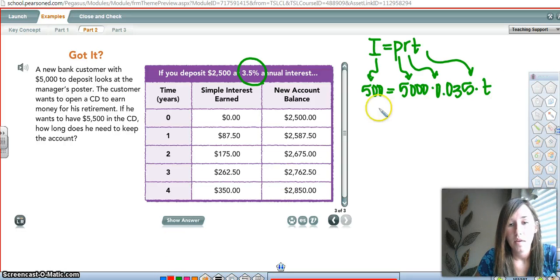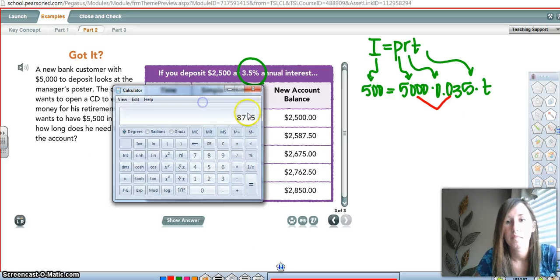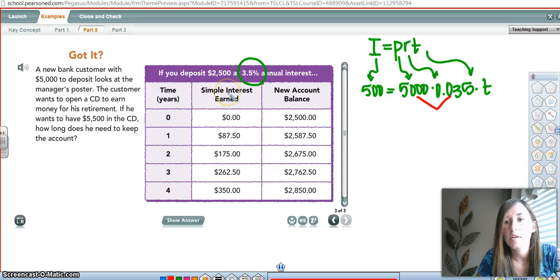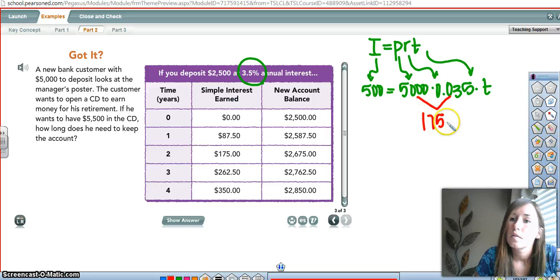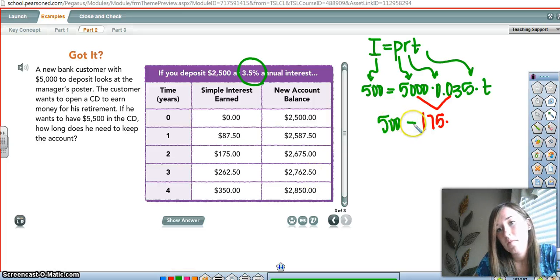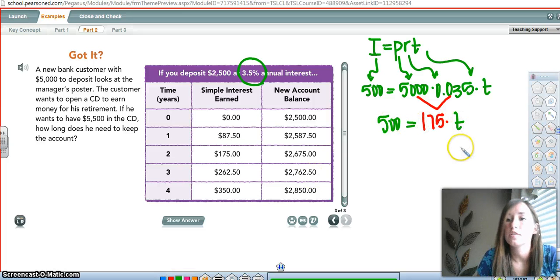Now, we can go ahead and multiply these two values. $175. Oops. Copy the rest of the equation still.